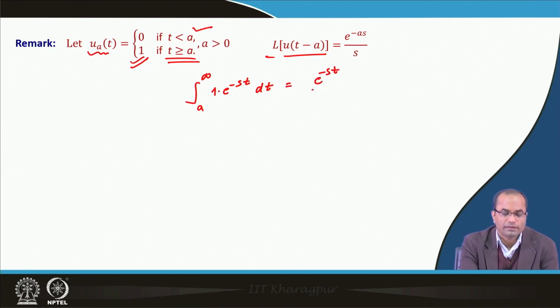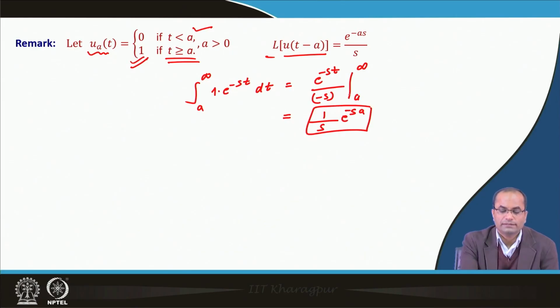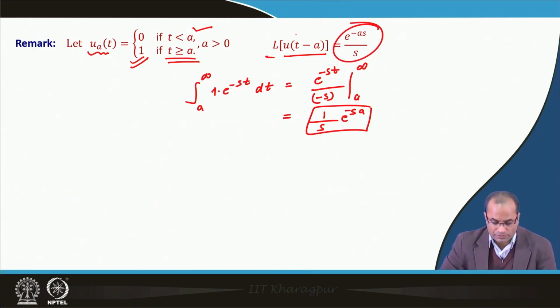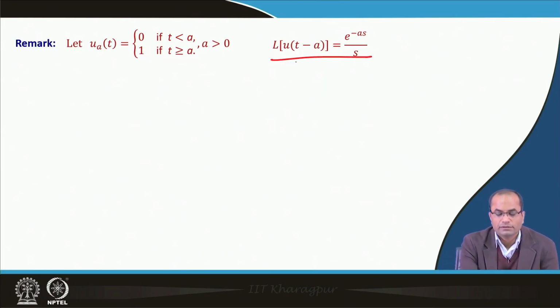So, we have e power minus s t over minus s from a to infinity. It will go to 0 at infinity, and we get 1 over s and e power minus s a. That is the Laplace transform of this Heaviside function u t minus a, or sometimes we denote it u a t, whichever way.